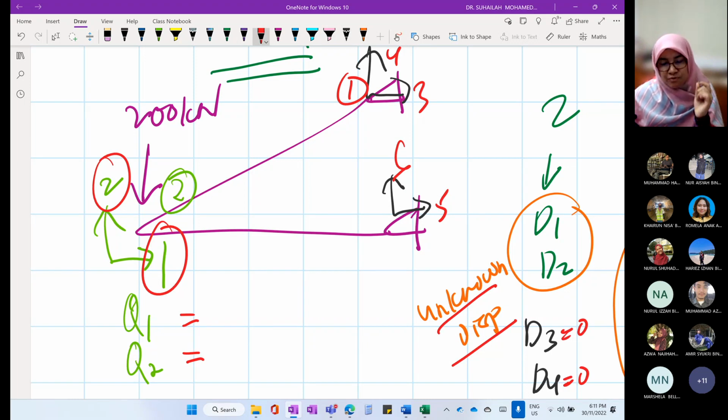Q2 is the vertical force at node number 2. So what is the horizontal force at node number 1? Read at node number 1, is there a horizontal force applied? So what is Q1?